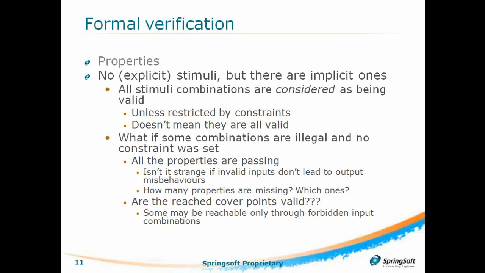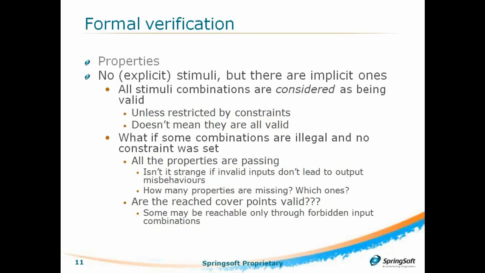But the first attempt when you run a formal property checking tool is you write some properties, you try to prove them, and if everything passes, great. Well, let's say that you have a set of properties, you haven't written any constraints, all the properties are proven. What does it mean?